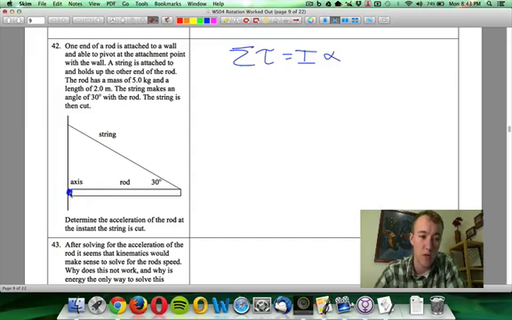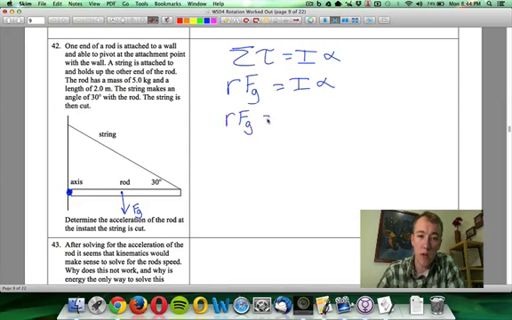So here's our axis of rotation. After this is cut, the only force acting on the rod is going to be this force of gravity that's acting from the center of mass there. So this is going to be the distance that force of gravity is from the axis of rotation, and that's going to be equal to the moment of inertia times angular acceleration.